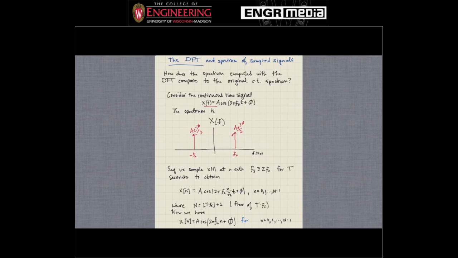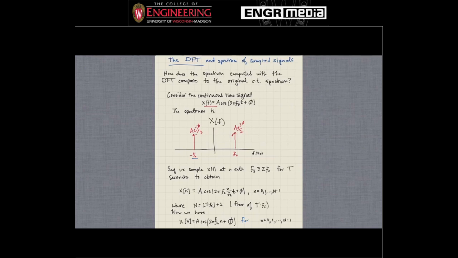What we've seen is that we can just draw the spectrum of this. Normally we would expand it using Euler's identity, and we get A e to the minus j phi over 2 at a frequency of minus f naught, and then we would also get A e to the plus j phi over 2 at a frequency of positive f naught. And f naught is in hertz.